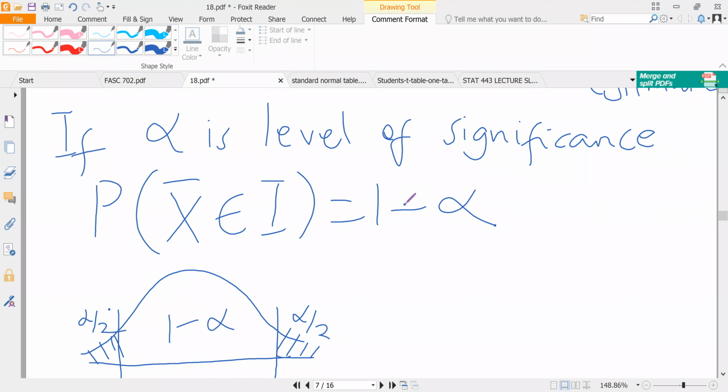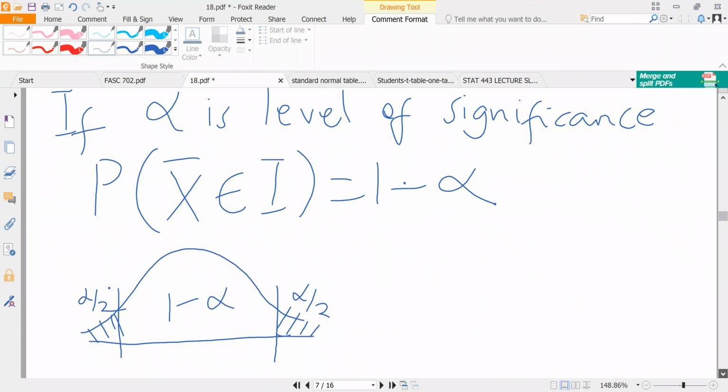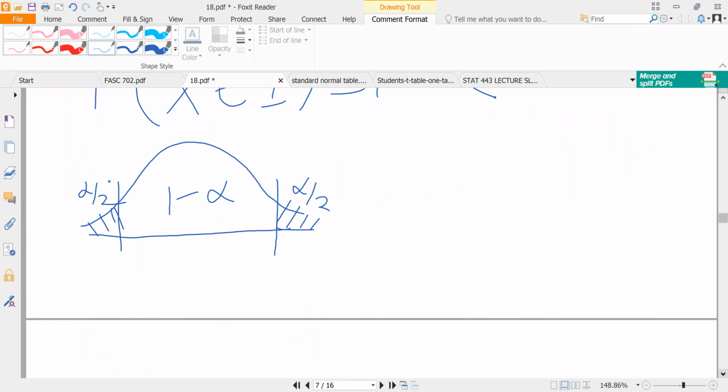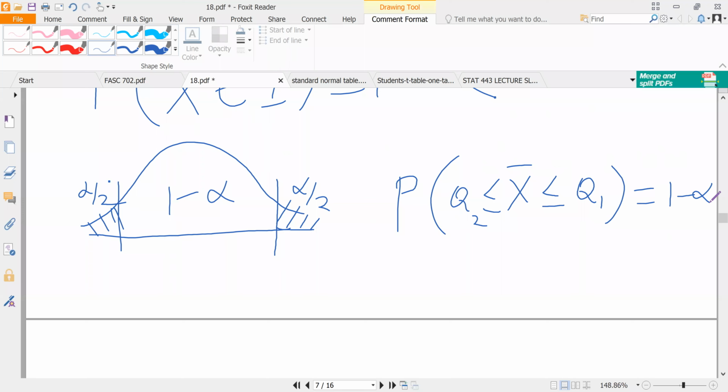So in this particular case, we are going to suppose that the probability that our estimator for the sample mean, X bar, lies between some quantities Q1 and Q2 is equal to 1 minus alpha.